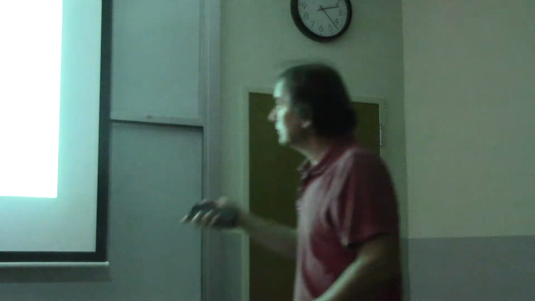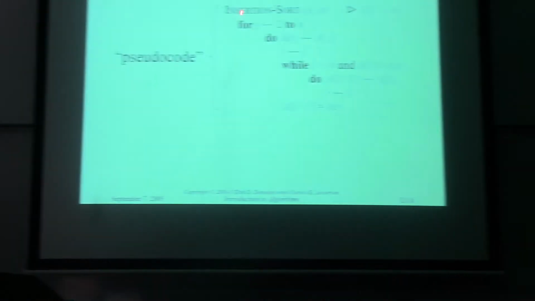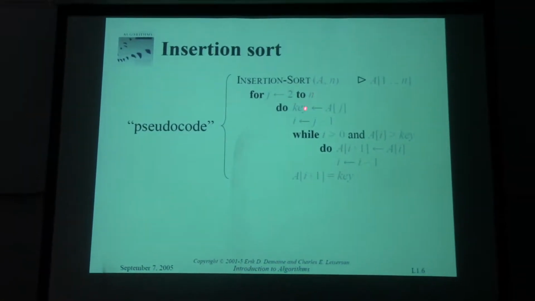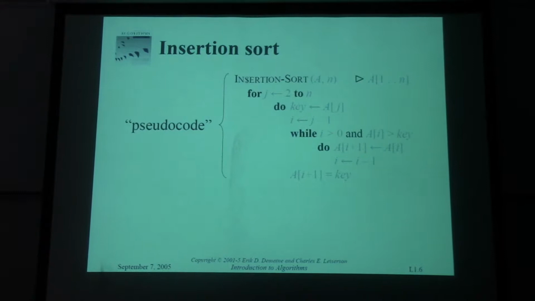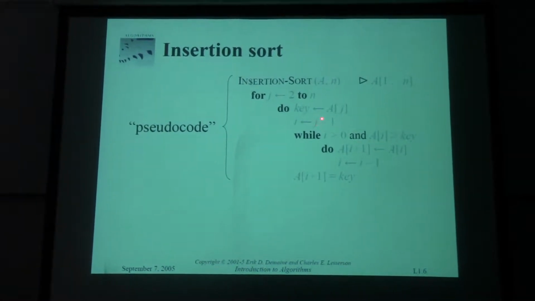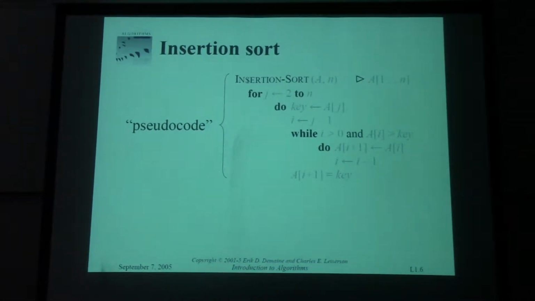So at that point, j gets the value of 4. Key gets the value of A[4]. And then i goes to 3. And as long as i, which is 3, is greater than 0, meaning no less than 1, and A[i] is bigger than the key, what I'm doing is copying A[i] into position A[i+1].